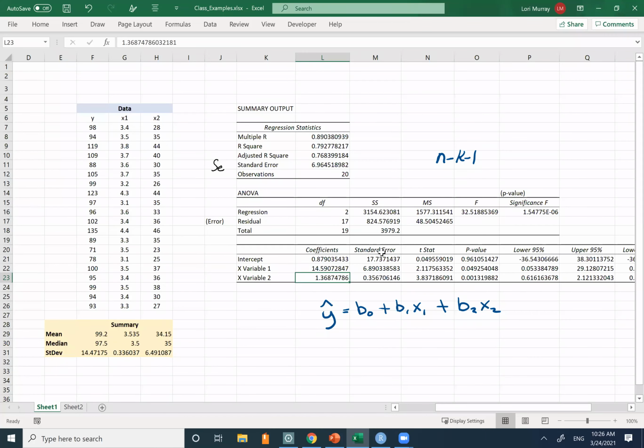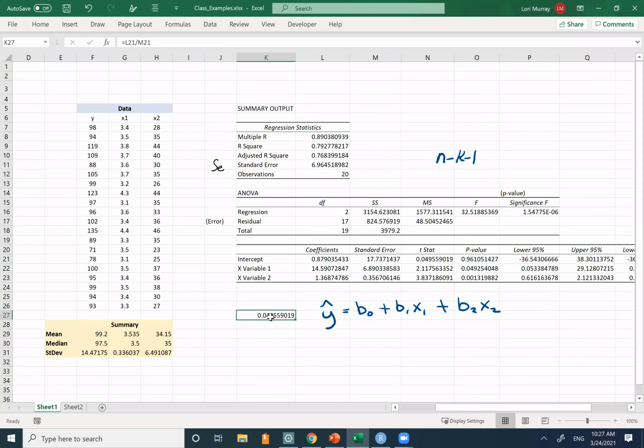Going to the next column, if everyone's with me, you can see we have the standard errors for these coefficients. So if we take this coefficient, the intercept, and we divide by the standard error, let's do that right in this cell. So if I take equals this coefficient divided by the standard error, I should get the test statistic, and I do.